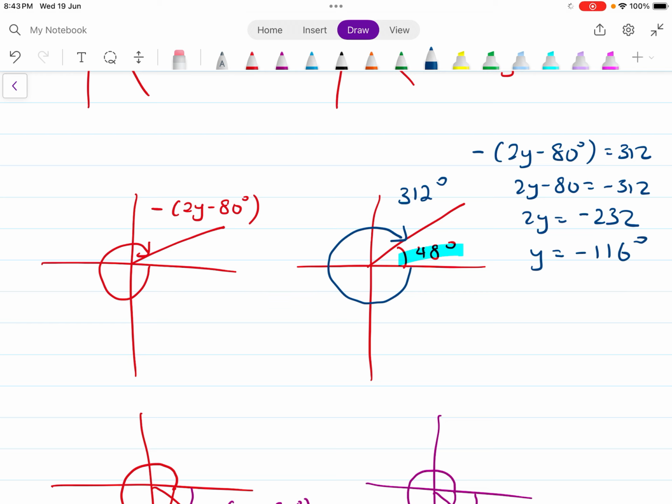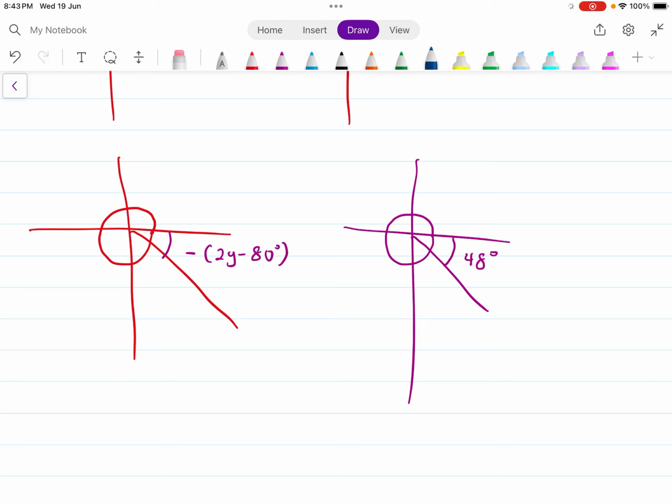Okay, I believe it's the last quadrant already. For the last quadrant, I rotate one round in the clockwise direction, then rotate a bit more to go to the fourth quadrant again. So this whole thing right here will be negative (2y minus 80).